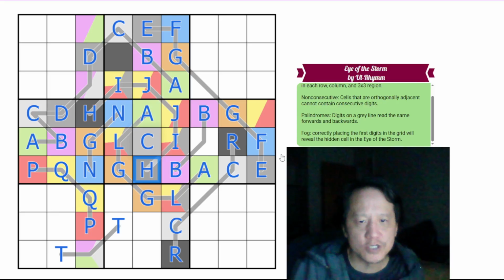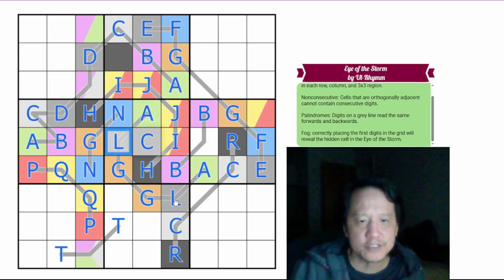So this is G. We have J and I, which cannot be the same as E. So I cannot be medium. That means L, we have a yellow-orange pair in column 6, which eliminates yellow and orange in the rest of the column. So L must be medium.